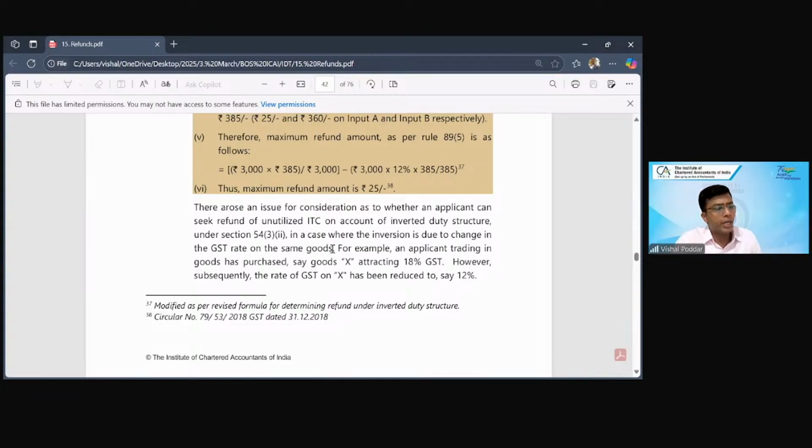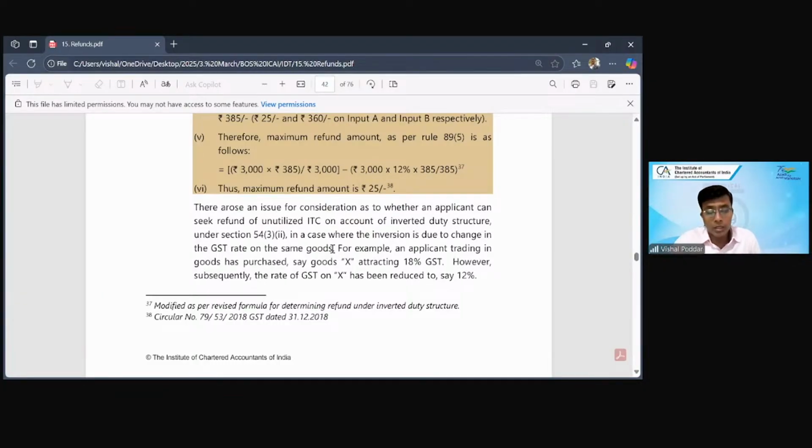Now, a question that came to the council was that let us say today the rate which is applicable to your supply is 18%. So you purchase the goods at 18% because you are a trader, you are purchasing the goods and selling the same goods. Till now, there was no question of inverted duty structure. Why? Because you are purchasing by paying 18% and your sale was also by charging 18%. However, after you made these purchases, let us say in the council meeting, which will happen very soon, the 56th council meeting, the council takes a decision that we want to reduce the rate from 18 to 12.